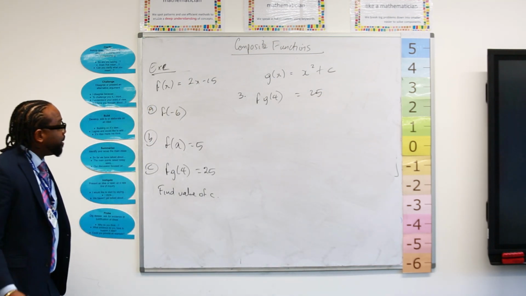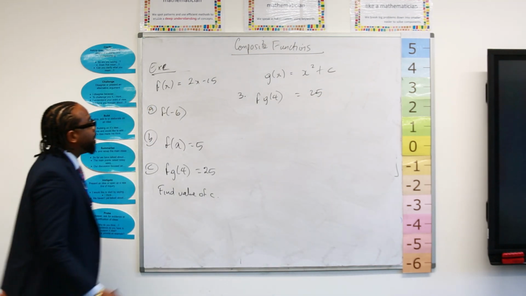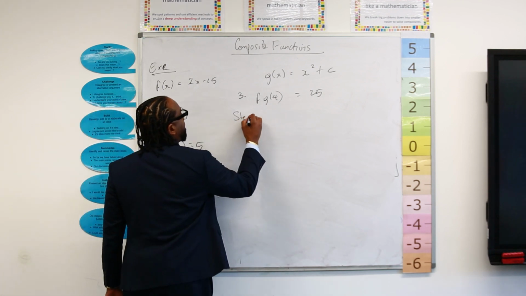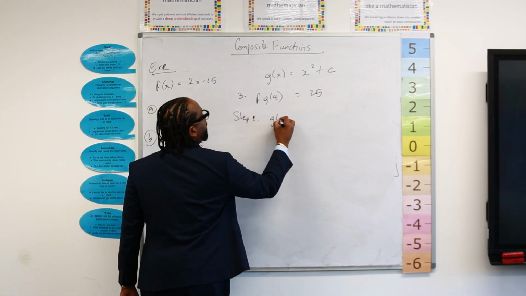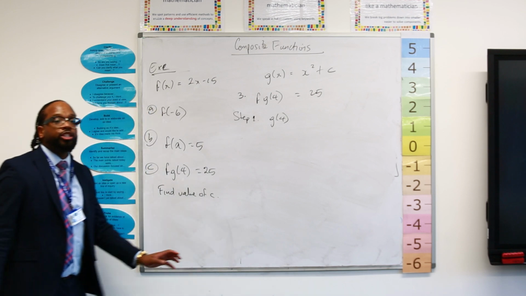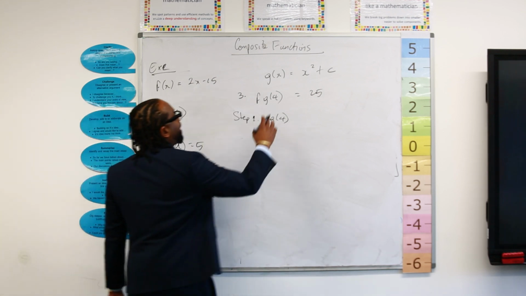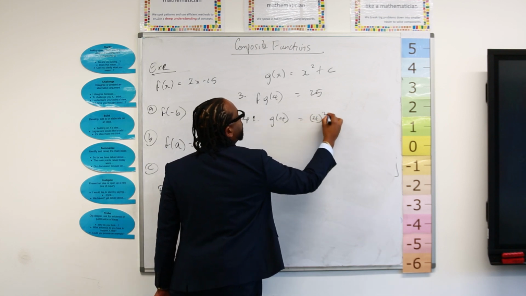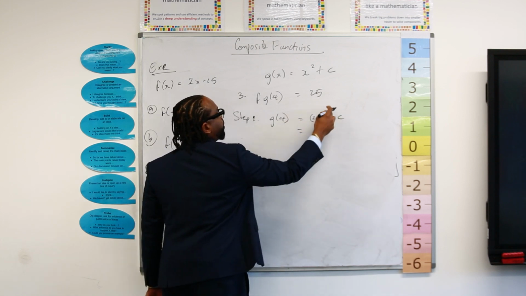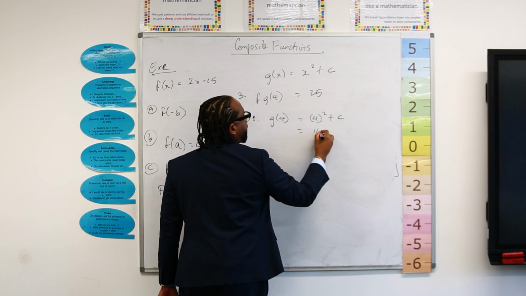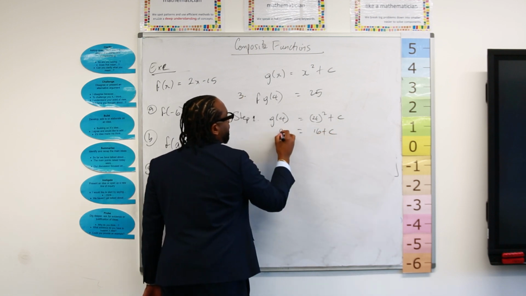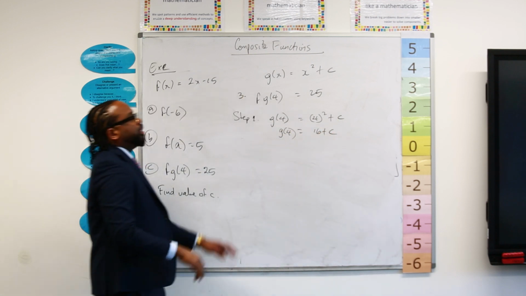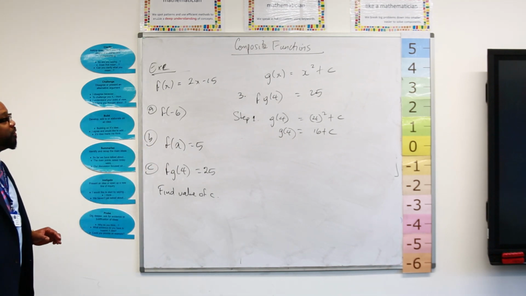So again, full attention. First step, step 1. For step 1, I'm going to calculate g of 4. What does g of 4 mean? I'm going to make a simple substitution in place of x. That becomes 4 squared plus c. 4 squared is 4 times 4, which is 16 plus c. So this is my expression for g of 4.